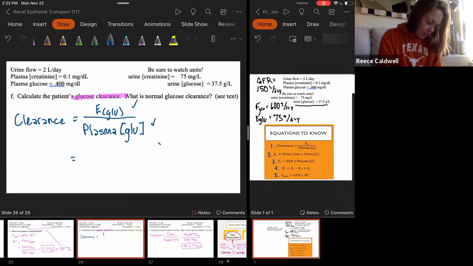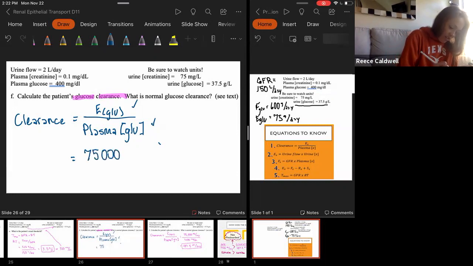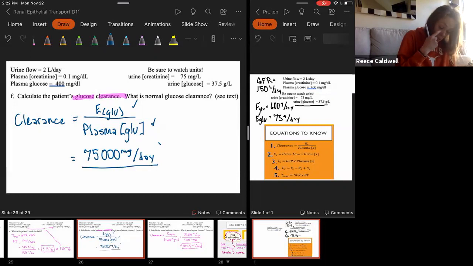Our excretion rate of glucose was 75 grams per day, and our plasma concentration of glucose is 400 milligrams per deciliter. So let's convert that 75 grams into milligrams. When we do that, we get 7,500 milligrams per day as our excretion rate of glucose. And our plasma concentration of glucose is 400 milligrams per deciliter.